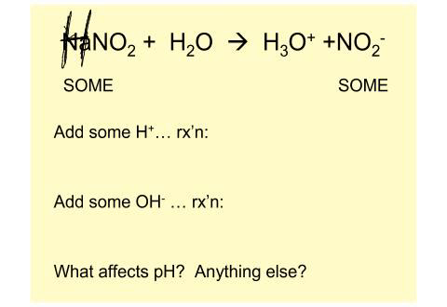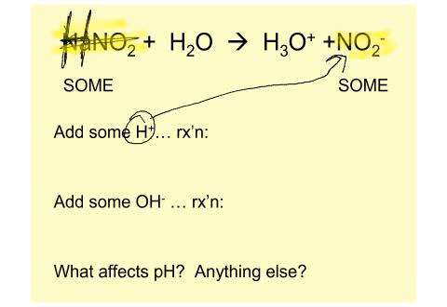HNO2 plus H2O yields H3O positive plus NO2 negative. Notice I have enemies, HNO2 and NO2 negative. I have some of each. If I add H positive to the reaction, that H positive will want to react with something. Its favorite thing to react with would be NO2 negative.